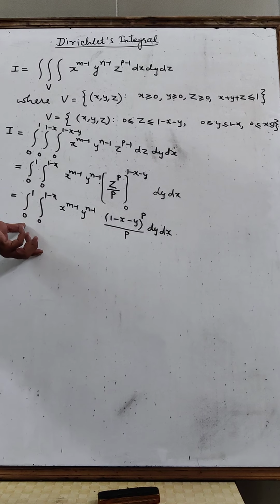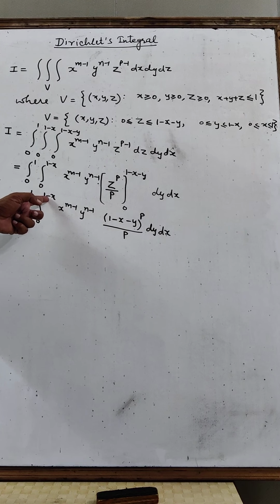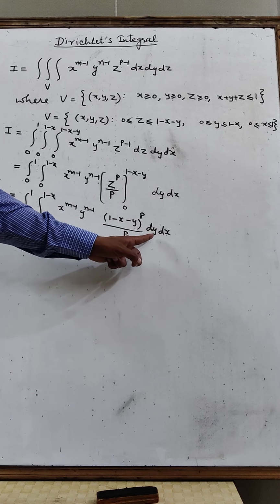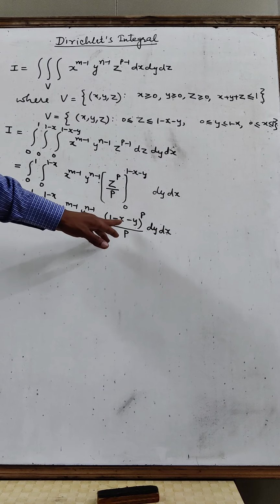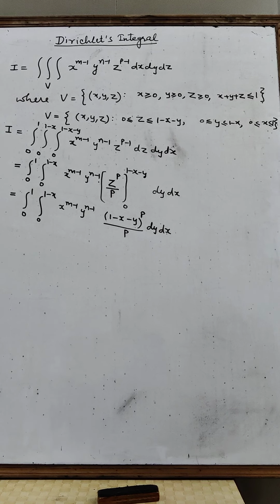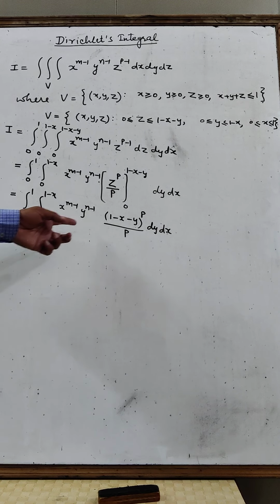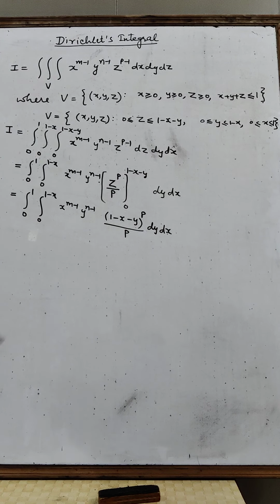Now again, as the limits of y contain x, we integrate with respect to y, keeping x constant. But looking at the integral, we would use beta and gamma functions, and we can easily convert this into the form of a beta function.